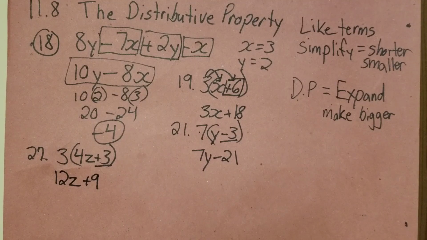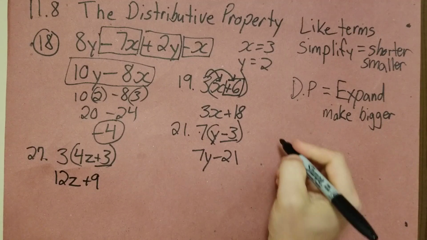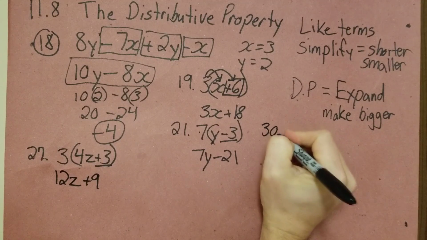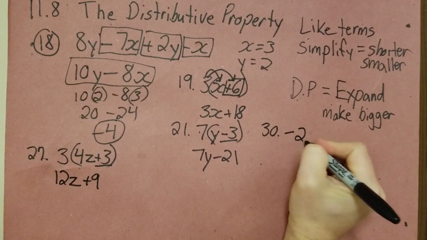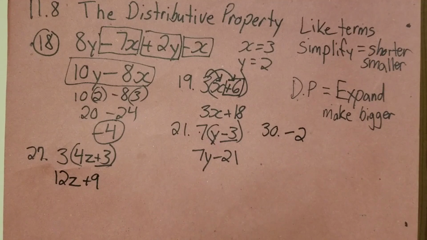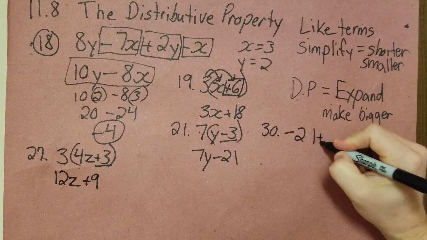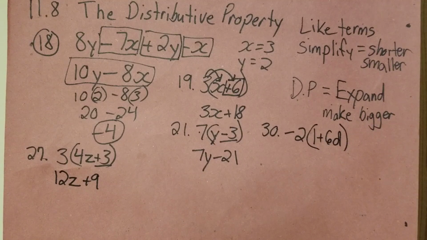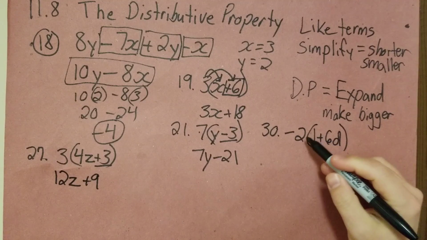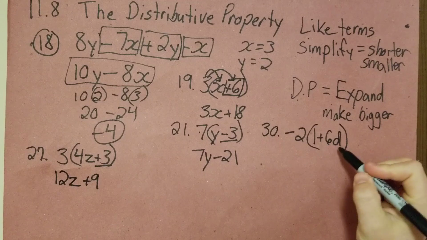Okay. Moving on to number 30 because it can get a little bit complicated. We'll go 30 over here. So number 30, negative 2, and then in brackets is 1 plus 6d. So again, I'm going to multiply everything in the brackets by what's out.